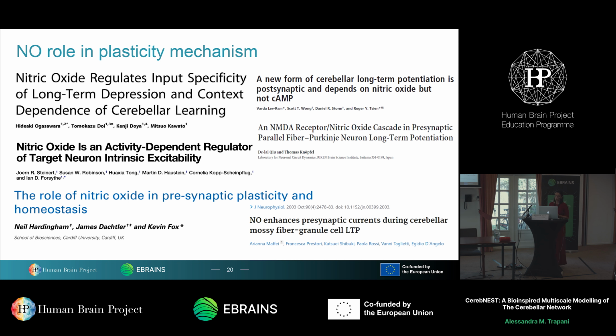What we are planning to do is to test in our network some of these hypotheses to see if the model is able to replicate the relevant features emerging from these experiments, while also gathering our own data in vitro. So we can go on following this double approach, in vitro and in silico experiments.